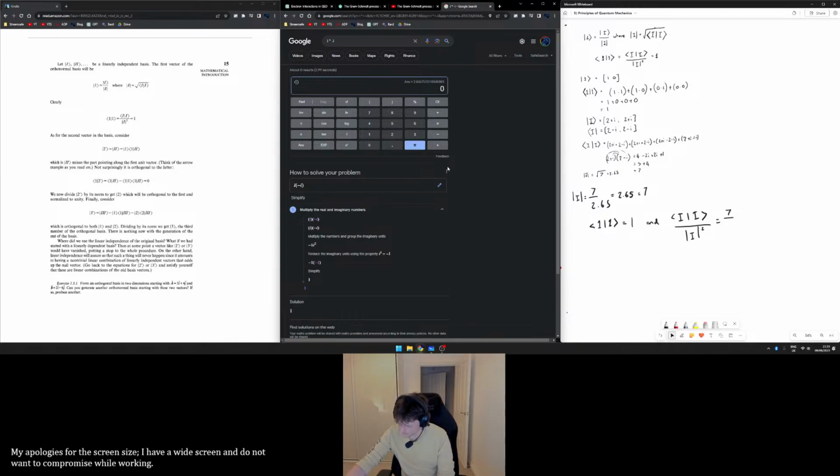So 1 equals 1, but I equals 7, and then I is equal to 2.65 squared. I don't think I actually did that. So the square root of 7 to the power of 2.